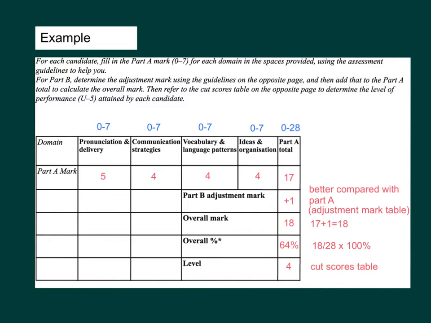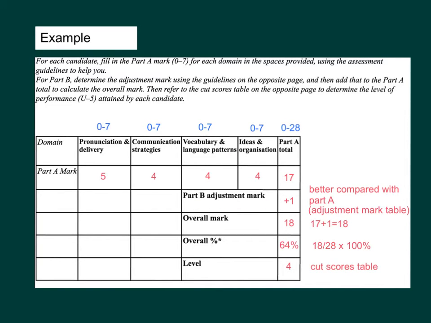Part A mark, domain, pronunciation and delivery, 5 marks. Communication strategies, 4 marks. Vocabulary and language patterns, 4 marks. Ideas and organization, 4 marks. Total Part A marks, 17. Part B adjustment mark.